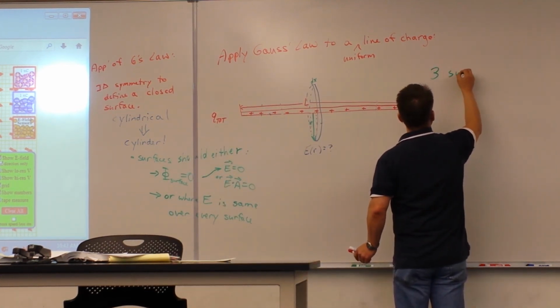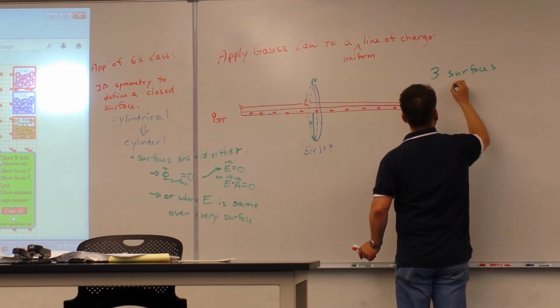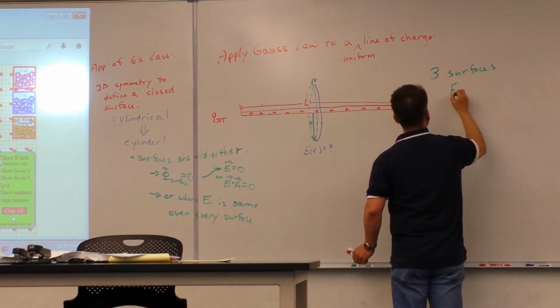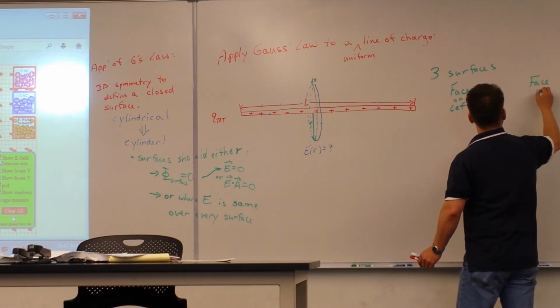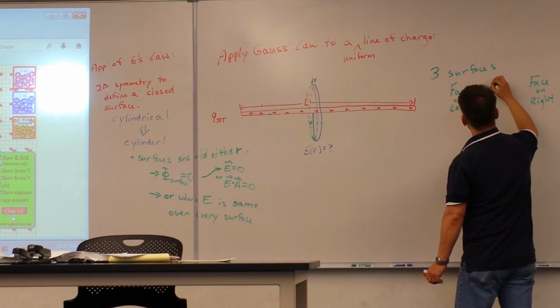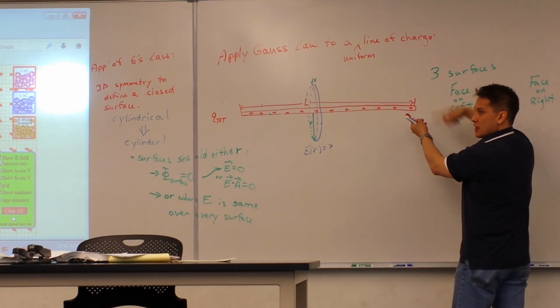So three specific surfaces. We've got the face on the left, the face on the right, and then in between those, we have the side region.